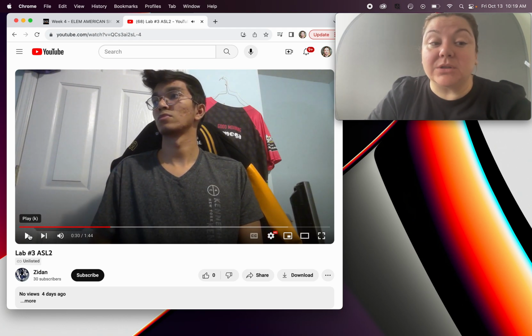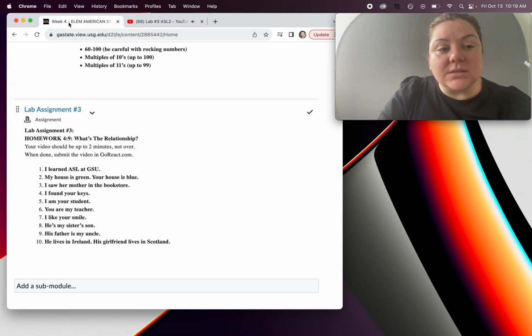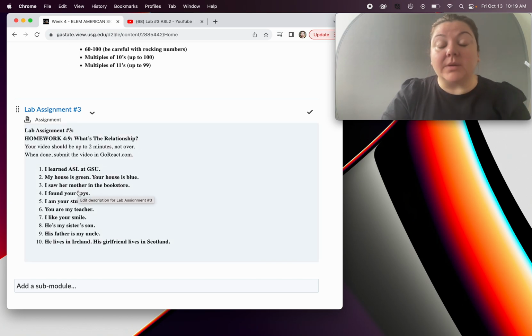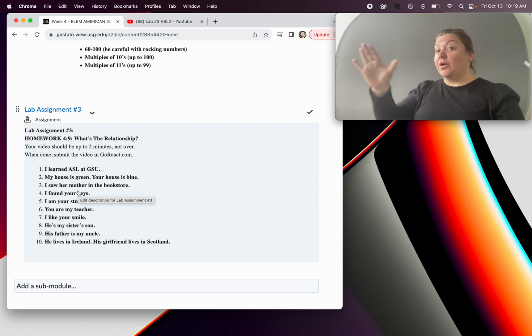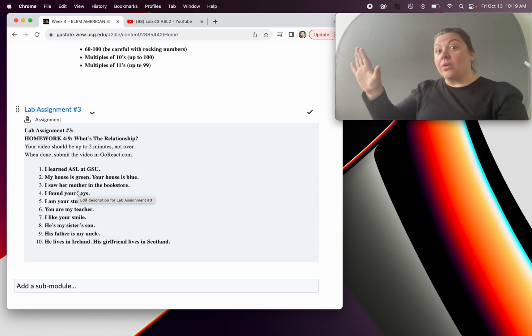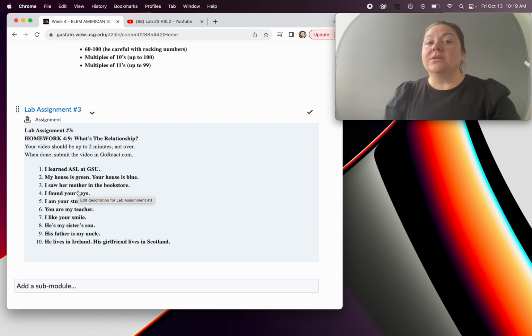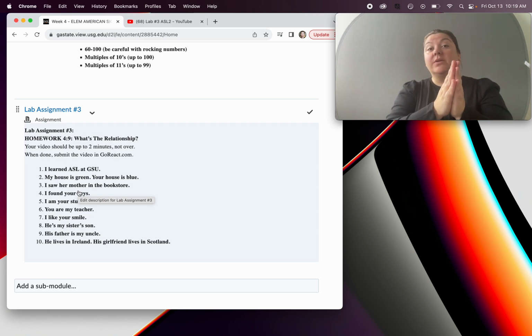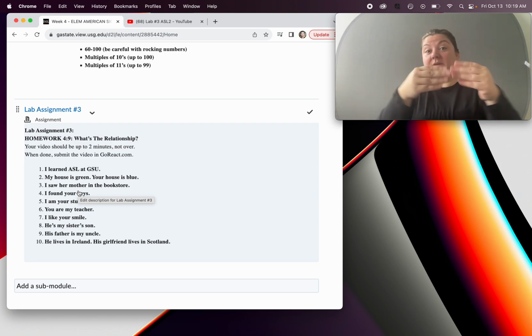I see mom book children. So I think the sentence is, I saw her mom in the bookstore. So her mom is a noun. So we are setting it up. So we have the nouns first, which is the place, bookstore.